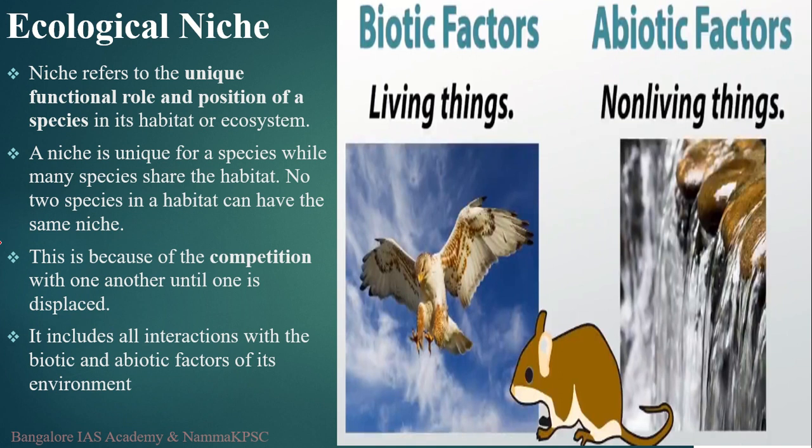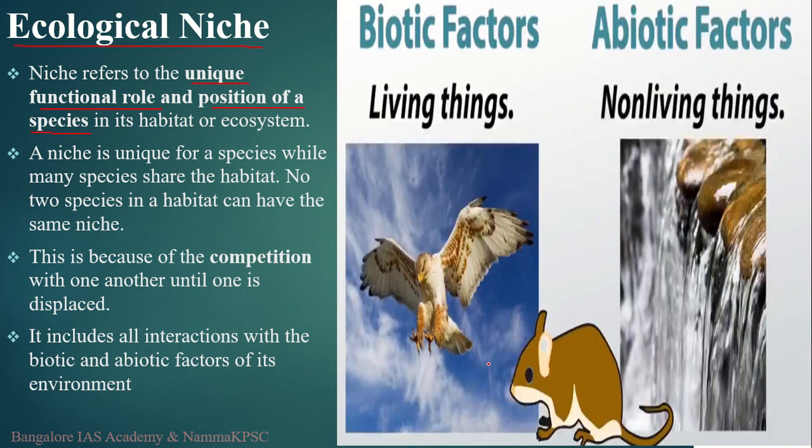So the next topic that we'll deal with is ecological niche, or simply a niche. Now, the niche of an organism is the functional role that it plays within an ecosystem. Meaning, niche refers to the unique functional role and position of a species within its habitat or ecosystem.